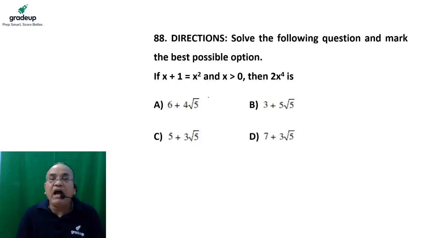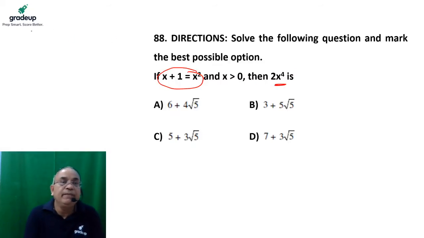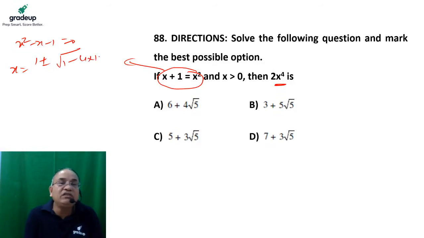It is given that if this is equal to this and x is greater than 0, then find the value of this. Okay, it is a good question. So can I write this one here? x square minus x minus 1 is equal to 0. Can we take the value of x, which is nothing but minus b is 1, plus minus root of b square is 1 square, minus 4ac, a is 1, c is minus 1.